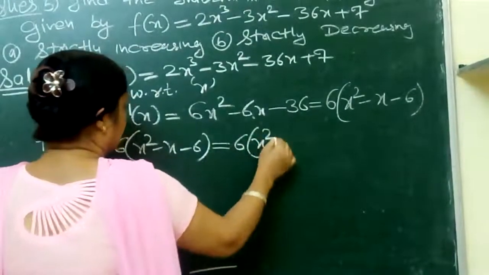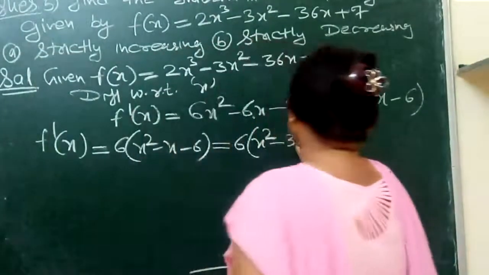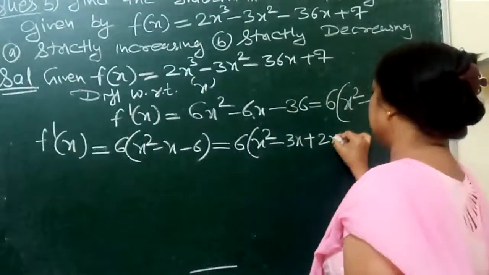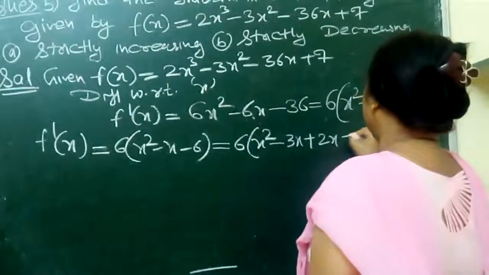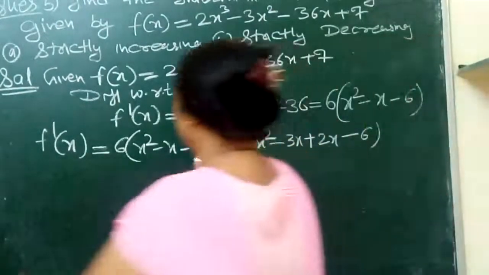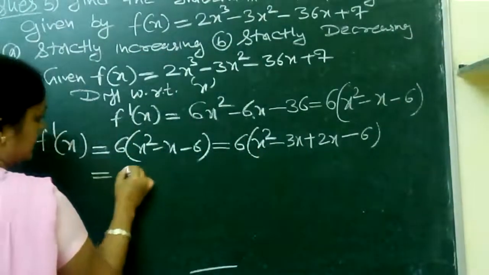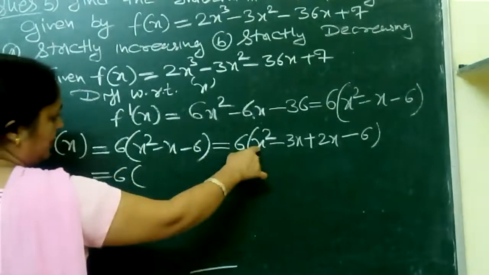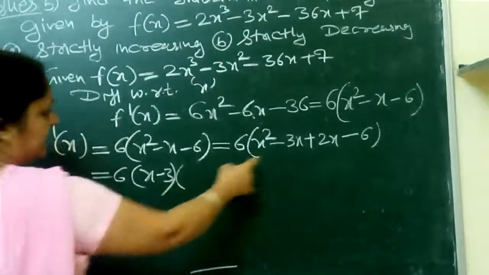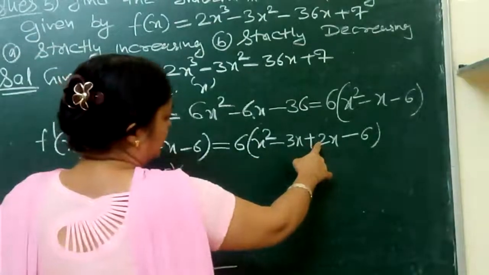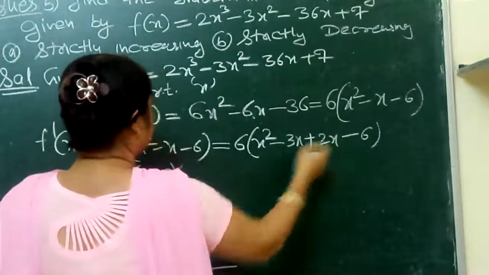X square minus 3x plus 2x minus 6. Taking x common we get x minus 3, and taking 2 common we get x minus 3 again.